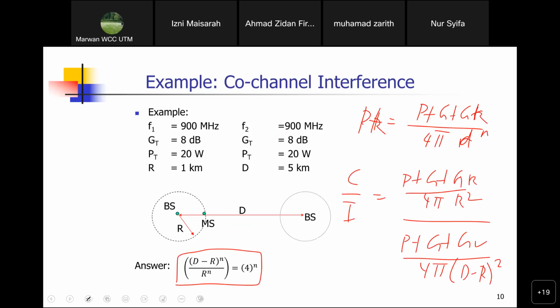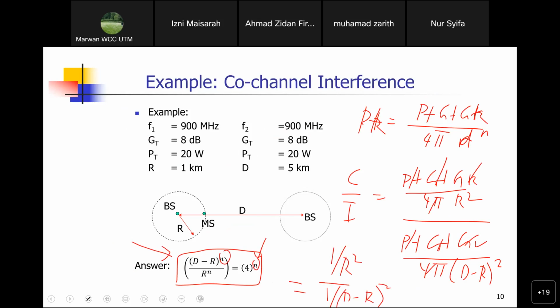If let's say we use 2, then everything cancels each other out, and it turns out you get 1 divided by R^2 over 1 divided by (D minus R)^2. I use 2 here because this is a simple example for free space loss. So at the end, it only depends on the distance. You can rearrange back and you get the answer. Instead of using 2, I'm using n to make it generalized.